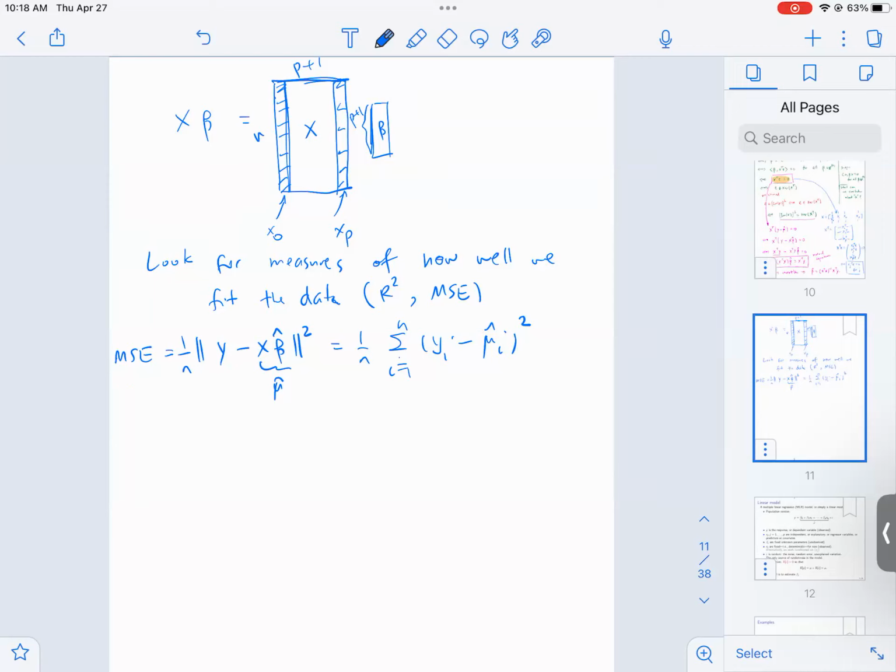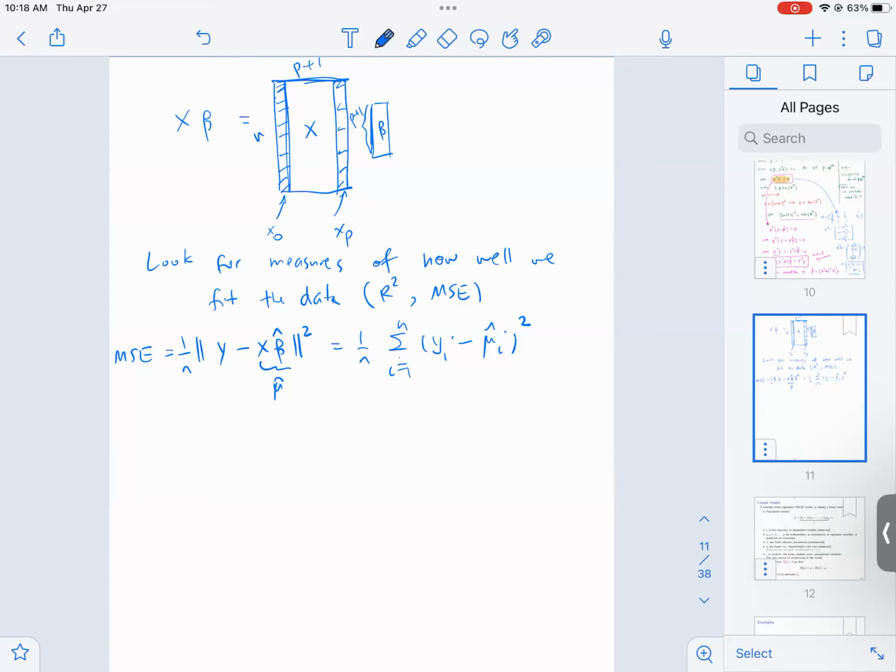If you divide this by something like the sum of squares of y_i minus the mean, that would give you R squared. I'll talk about this later, but you probably already know what R squared is.